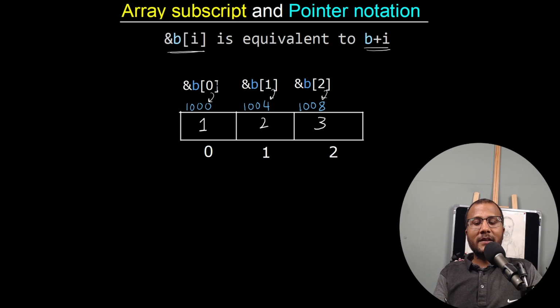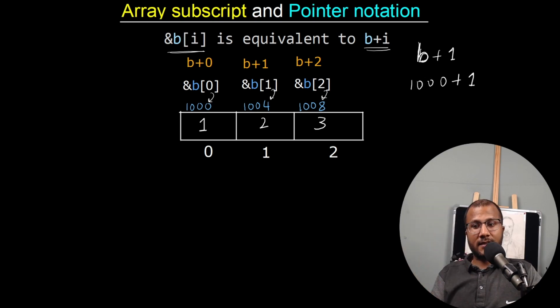And &b[0] equals b plus 0, right? Now let's take the second one. We are saying that &b[1] is b plus 1. Let's see what is b plus 1. b is the address of the first element, that is 1000. What is 1000 plus 1? 1 is just the offset, as we have already discussed. To get the address of the next element, I have to multiply by the size of the data type. Here the size of an integer is 4 bytes, so I multiply by 4.